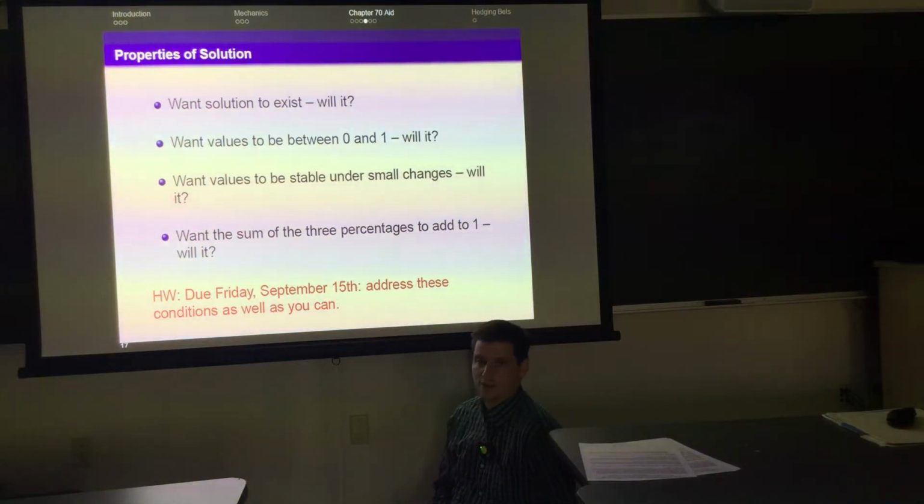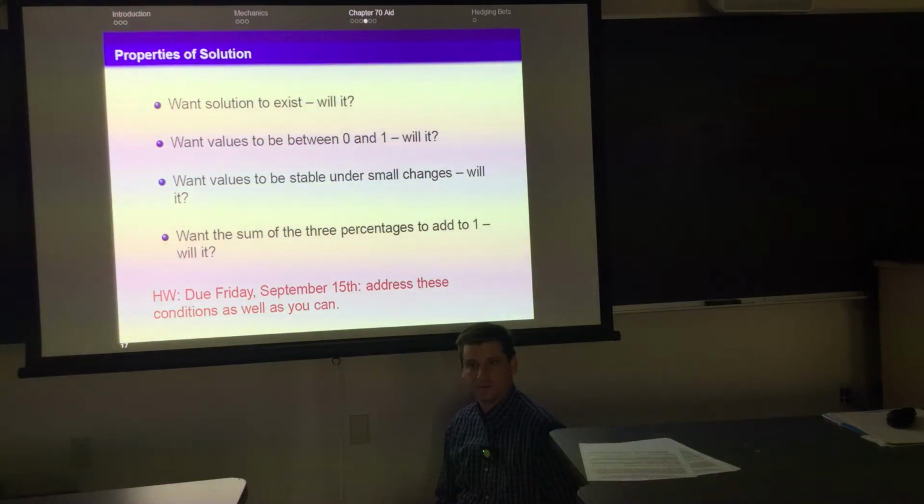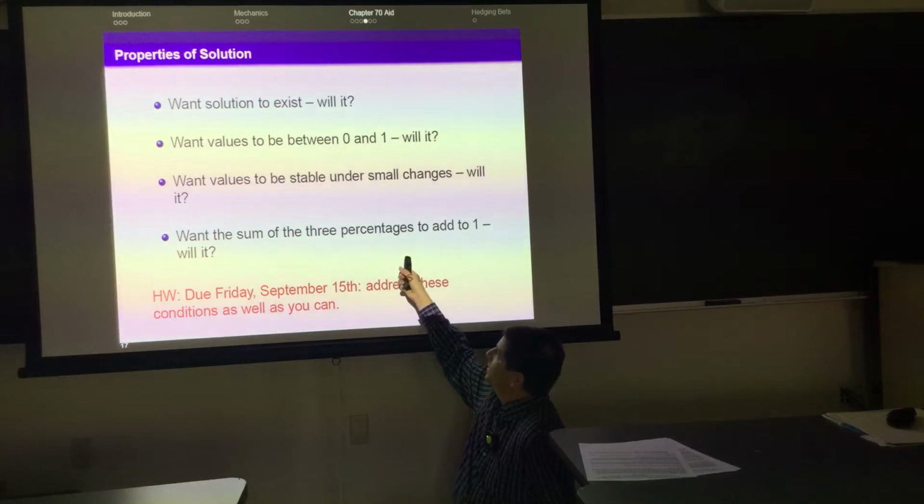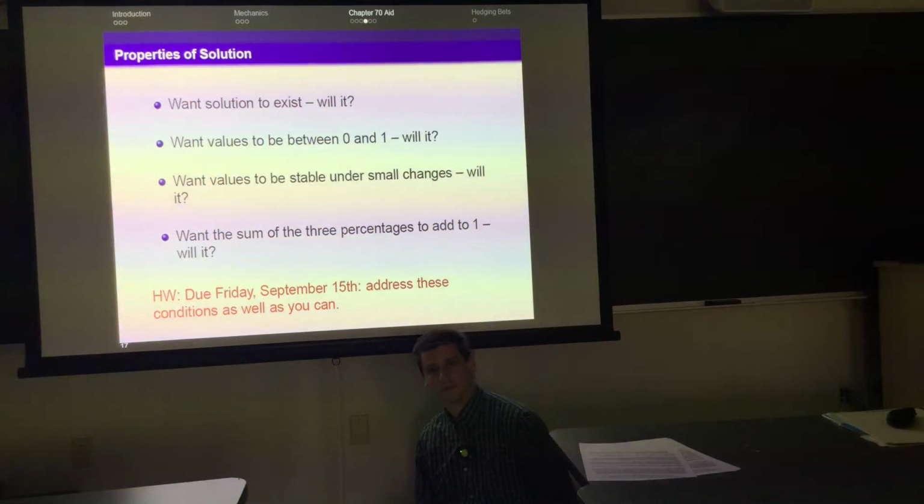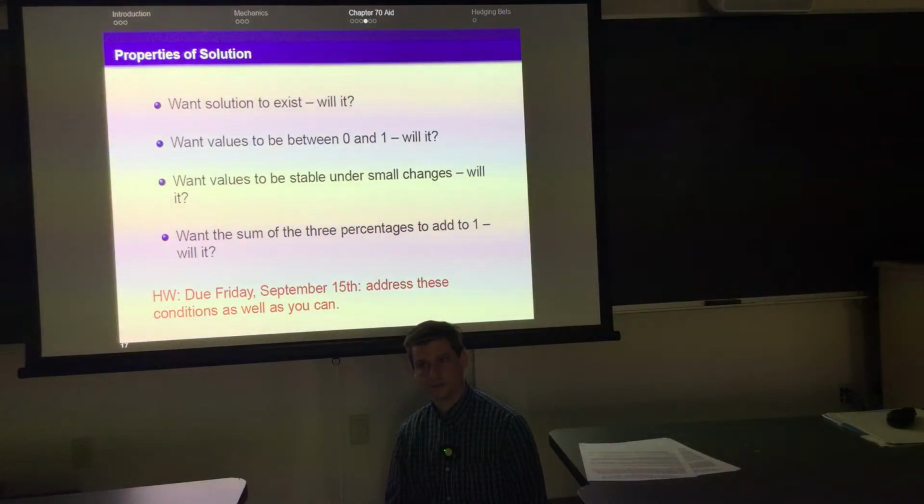So your homework for Friday is to address these 4 questions. So, can you show that the percentages will add up to 1? I will let you know, yes, you can. I'm talking with Professor Klingenberg to see if anybody has ever explicitly remarked that this is a result.